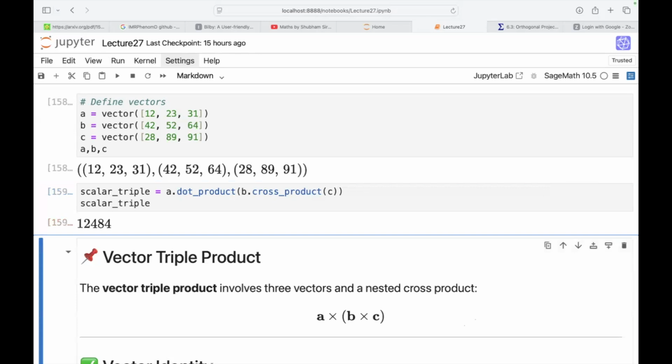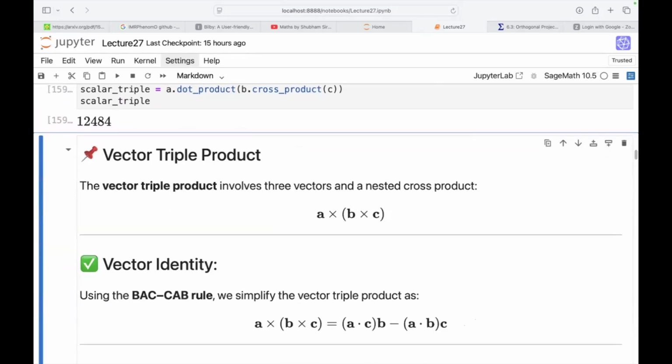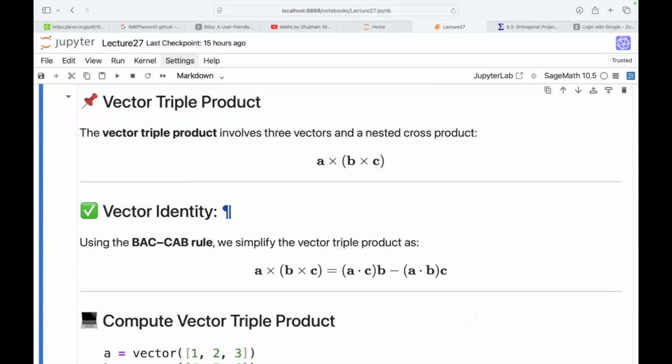It is easily defined with the scalar triple product, and also the vector triple product. The vector triple product is also a vector product, so the value is also a vector.